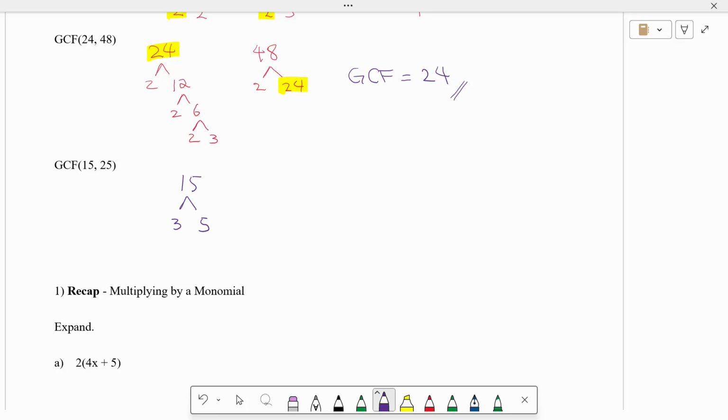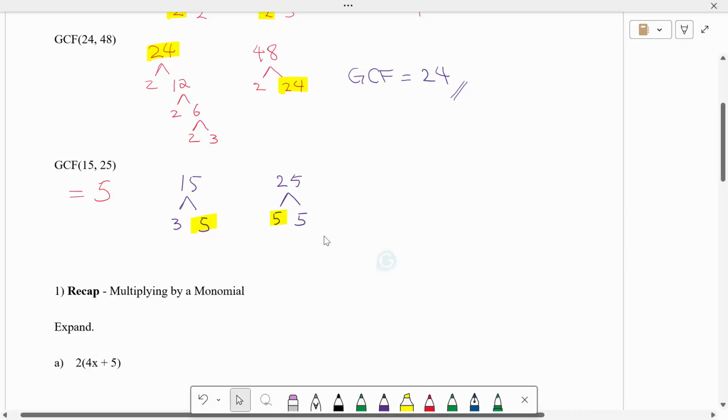And 5 is already a prime factor, so I don't need to go any further. And 25 would be what? 5 times 5. All right, so what's the greatest common factor here? It would be just a single 5. So I see a 5 in here. I see a 5 here. So the greatest common factor in this case is 5.